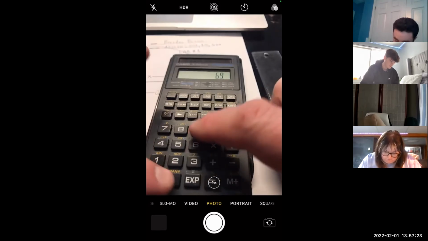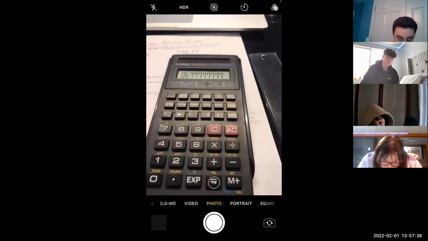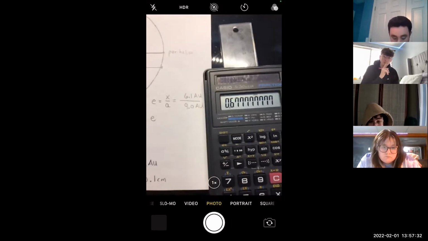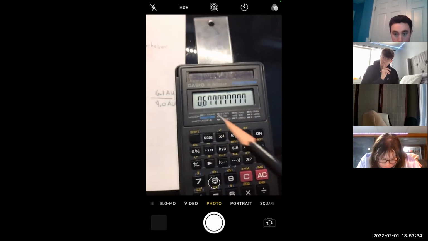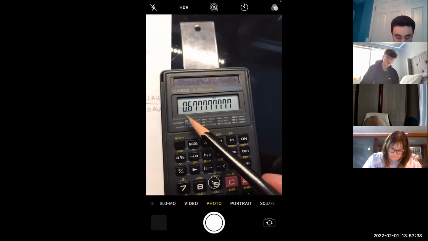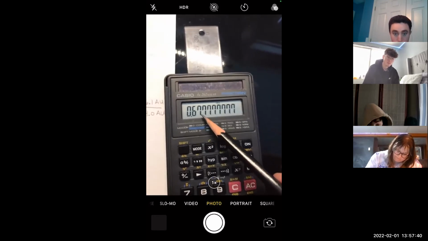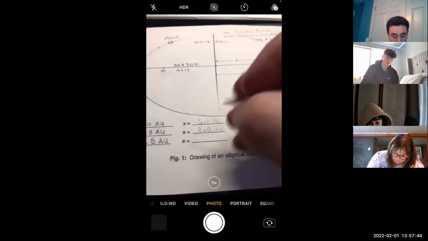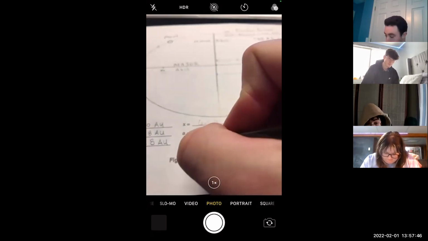6.1 divided by 9.0. How many sig figs should I keep? 2. That's right, 2 on top, 2 on bottom. So in my case, I would round to what? 0.68. Right, nice. Now, are there any units associated with this?